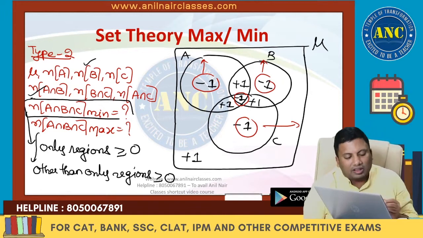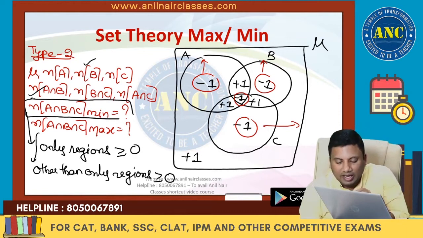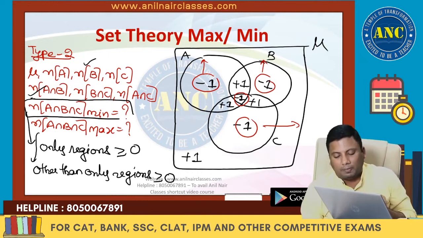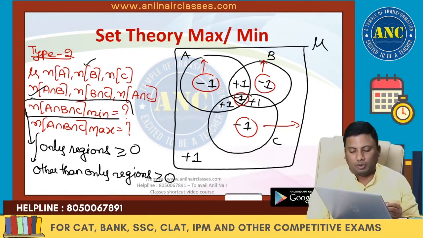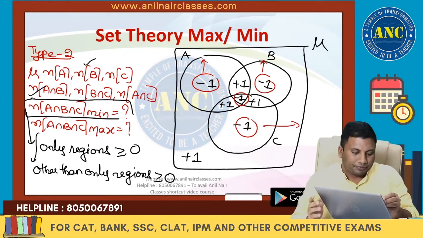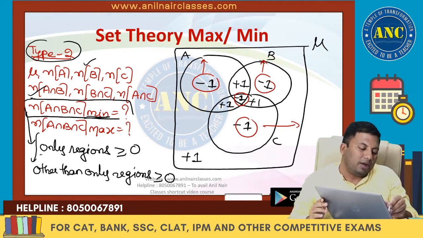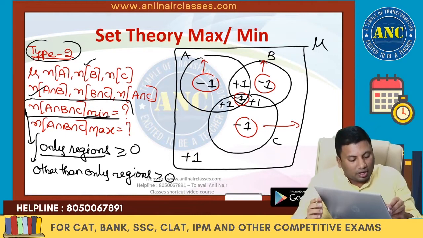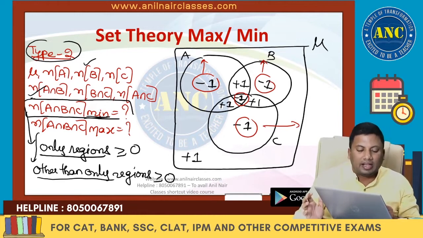From where did we get these only regions greater than or equivalent to 0? Because if this is minus 1, A intersection B is constant, so it should be plus 1. Minus 1 plus 1, minus 1 plus 1. There are 2 negatives, so there will be 2 positives. So, in this kind of type 2 problems, to determine minimum, only regions should be greater than or equivalent to 0. To determine maximum, other than only regions will be greater than or equivalent to 0.